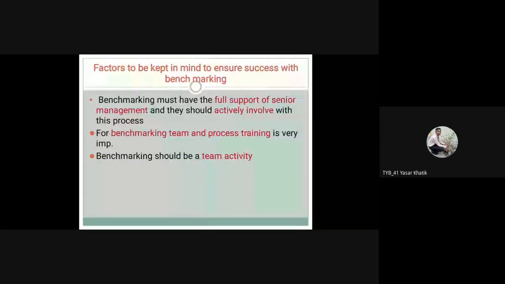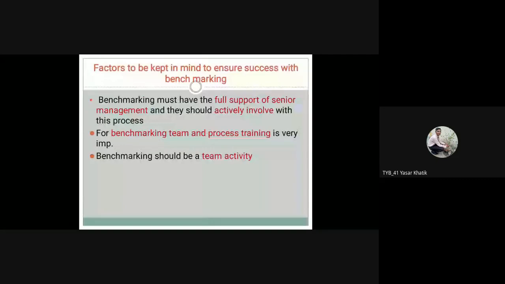Okay, for benchmarking, team and processes, training is very important. So doing only benchmarking is not the solution. We have to have a talented team for doing the benchmarking. You should have a talented person who will do a good benchmarking.